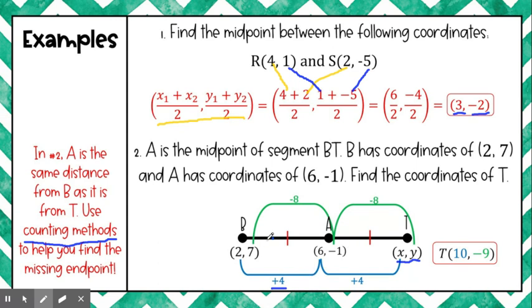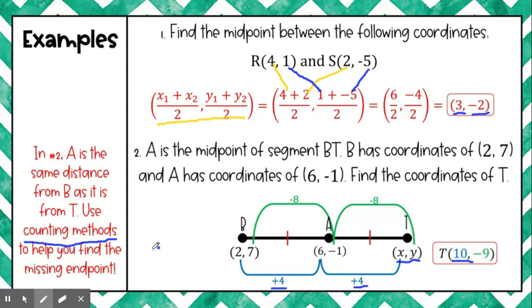And if this is equal, this line segment is congruent to this line segment. If we want to get from one point to one point, we add 4. If we want to get to this point, guess what? We add 4 again. So when we get 6 and we're going to add 4 more, we're going to get 10. So our x value is going to be 10.